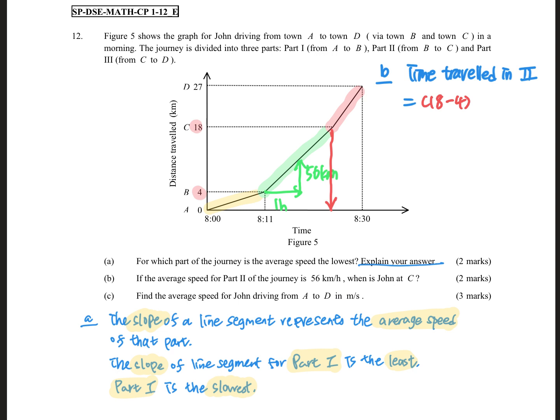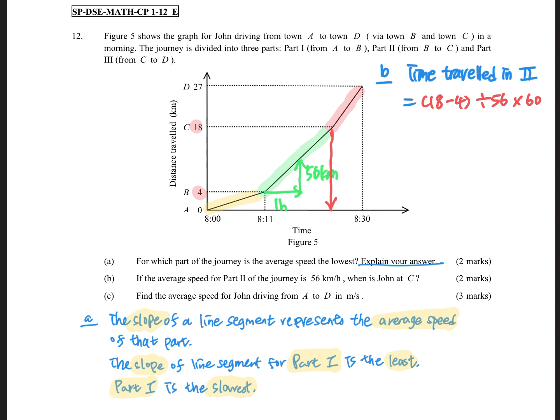So I try to divide it by the slope. So 14 km divided by 56 km per hour. This will return the number of hours traveled. And if we want to transfer it into minutes, we times 60.